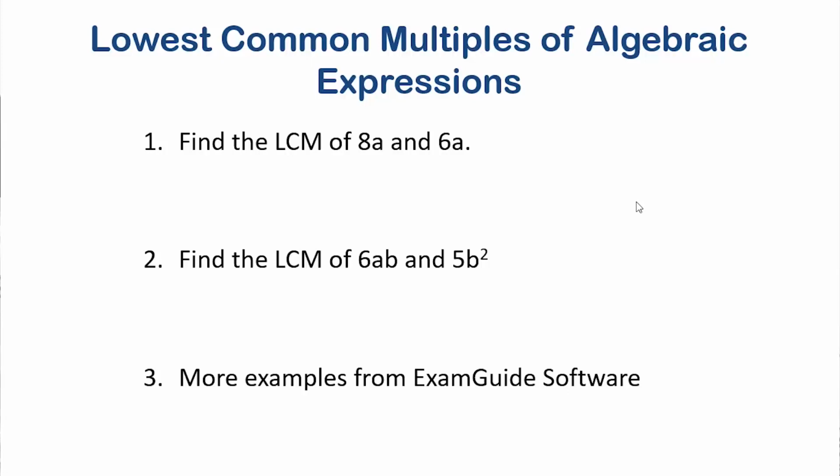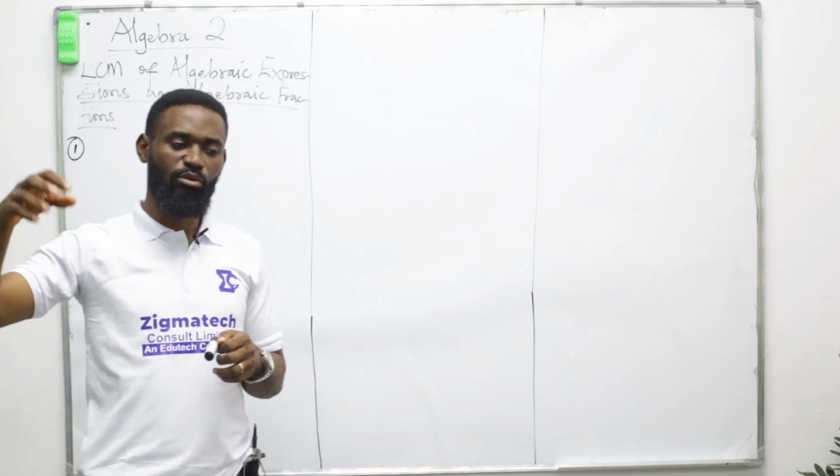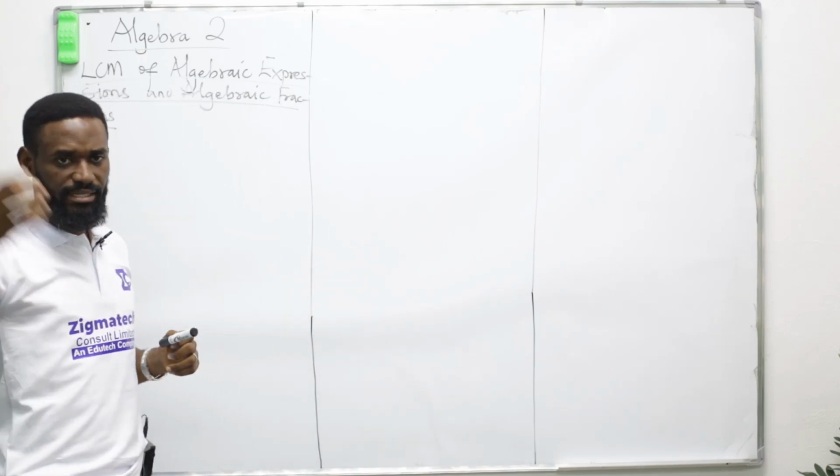So we have the first example. I want to believe that by now you know what LCM is. LCM is lowest common multiple. It is the multiple of some numbers that you will be asked to find.